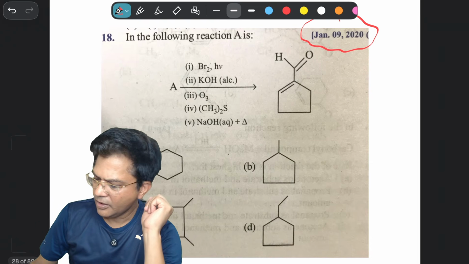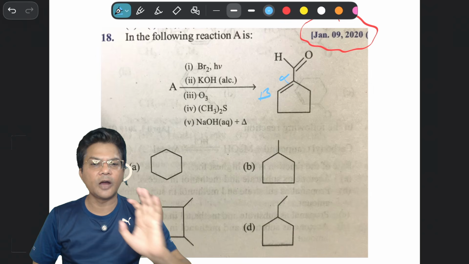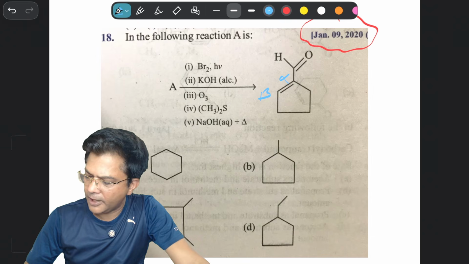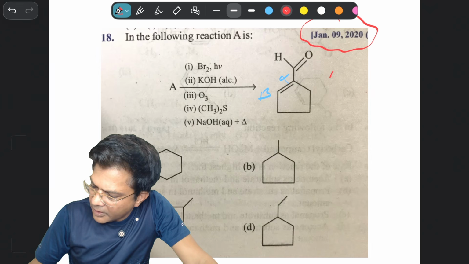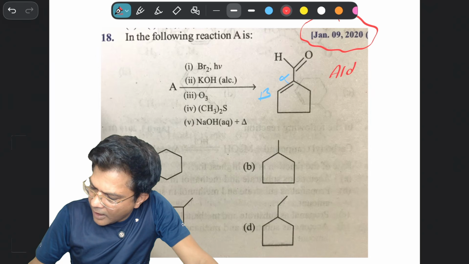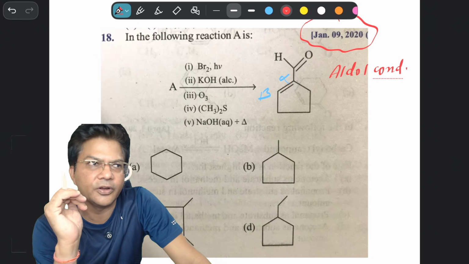Just see, if you focus on the product, it is an alpha beta unsaturated carbonyl compound. Whenever you are provided with an alpha beta unsaturated carbonyl compound, that means it must have got formed by aldol condensation. So you should know the reverse engineering.